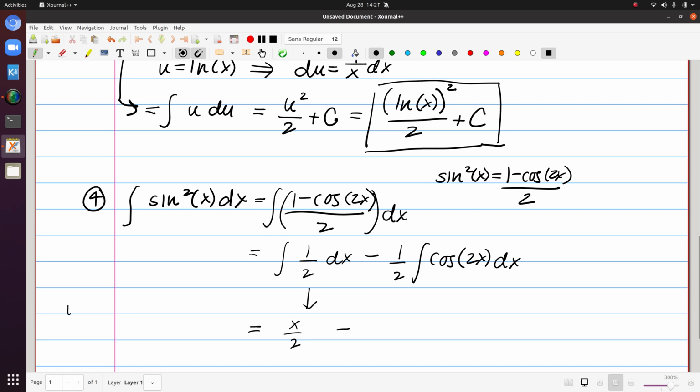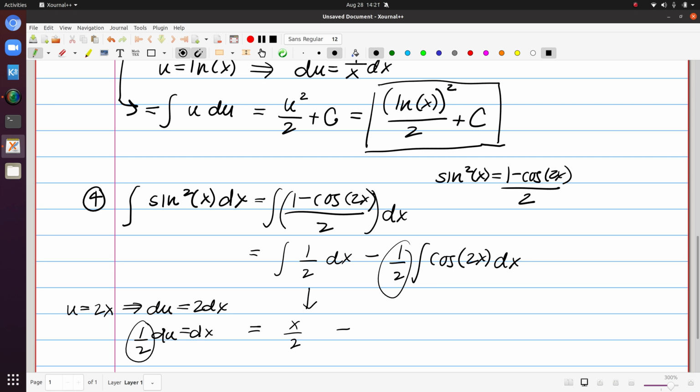So I'm going to let u be 2x, then du is 2 dx. So I can replace dx with du as long as I put in a constant multiple of 1/2. So with the 1/2 that's already out front, I'm bringing in another multiplier of 1/2.